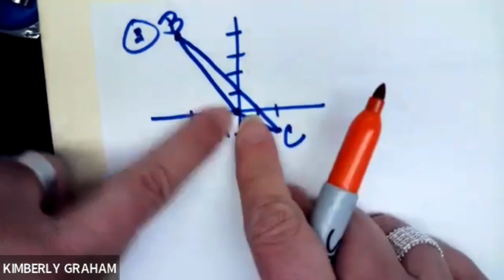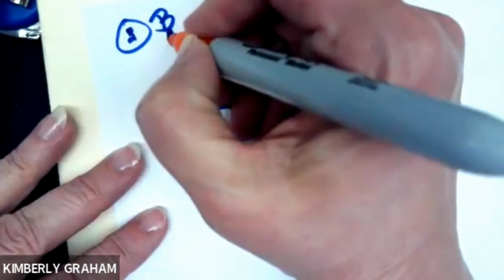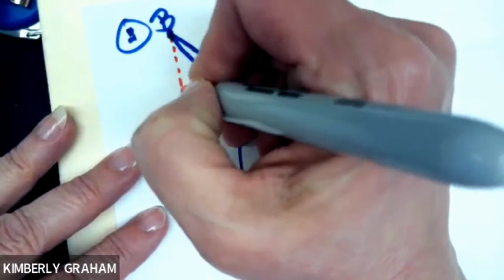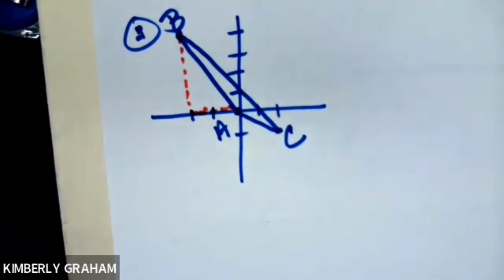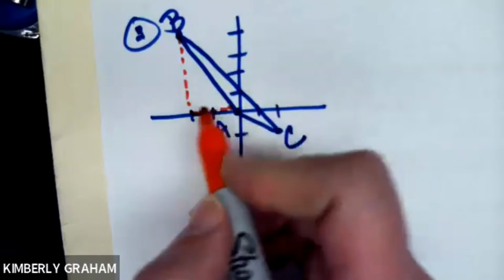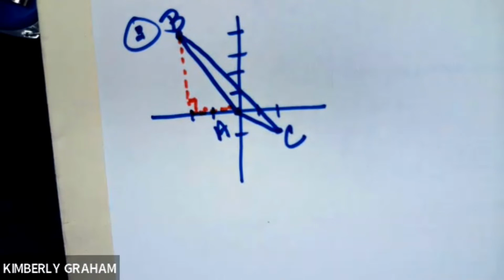So I need to figure out the side length of AB here by looking at the distance formula or drawing in that right triangle and using the Pythagorean theorem. Your distance formula is based on the Pythagorean theorem, so it doesn't really matter which way you do this problem.